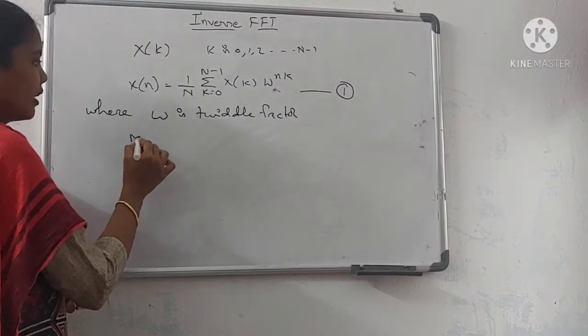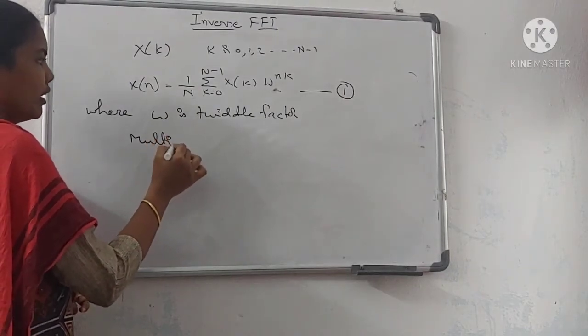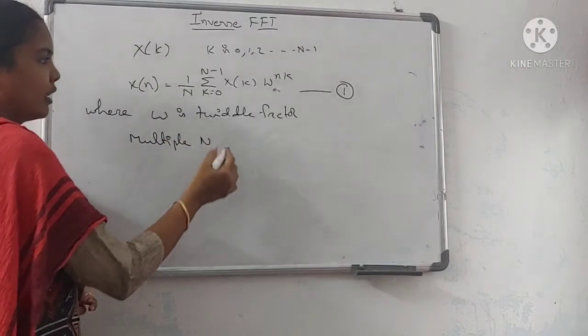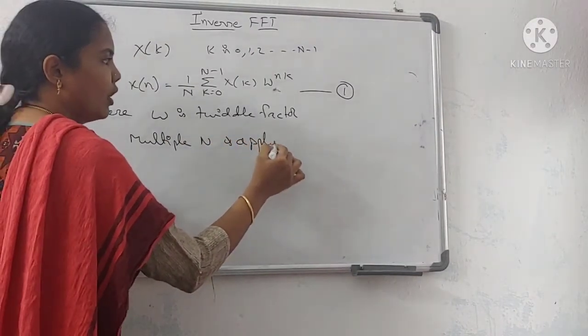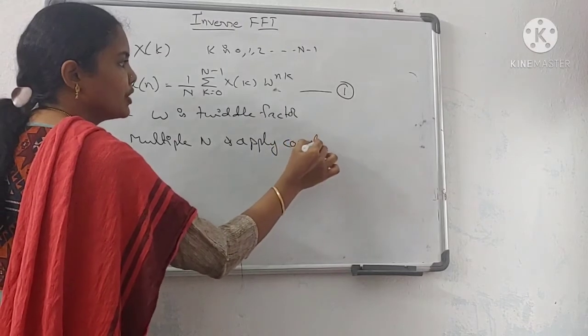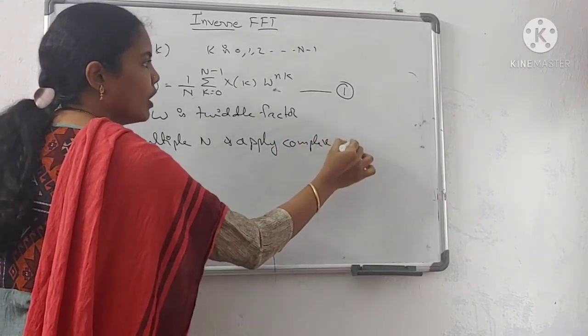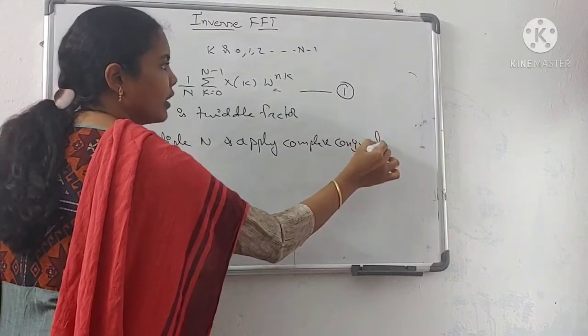multiply by n and apply complex conjugate on both sides.